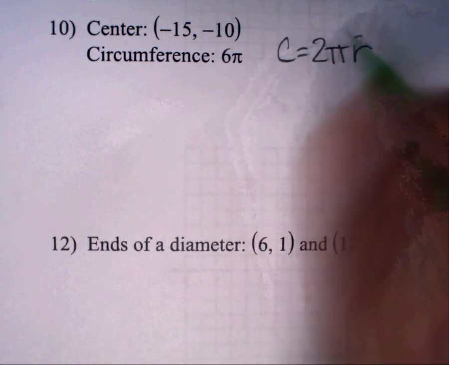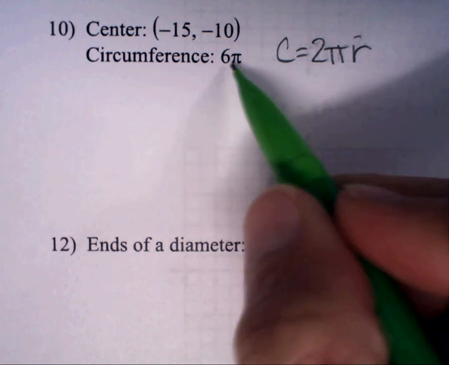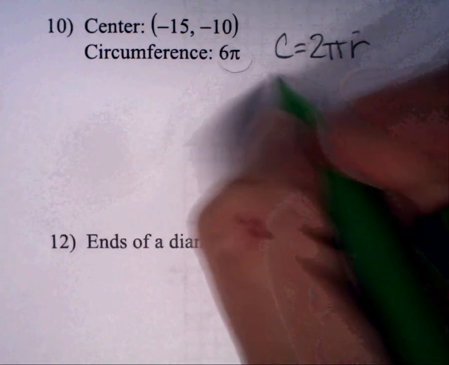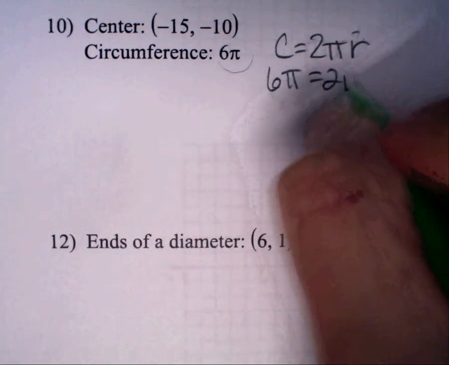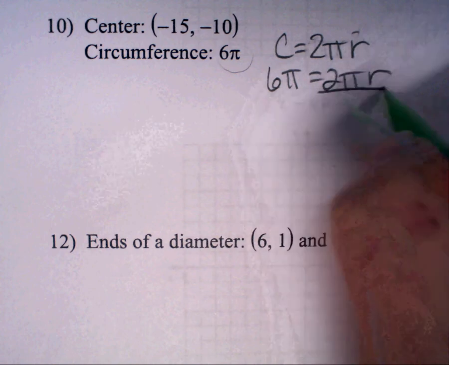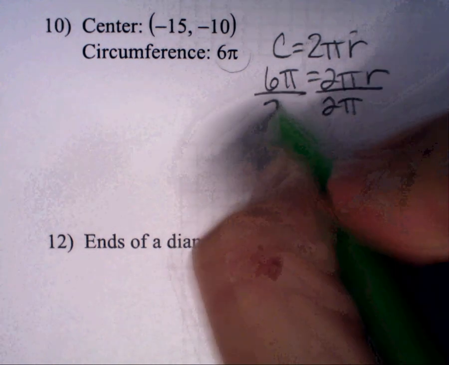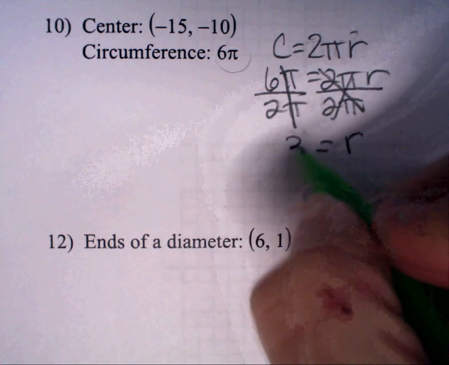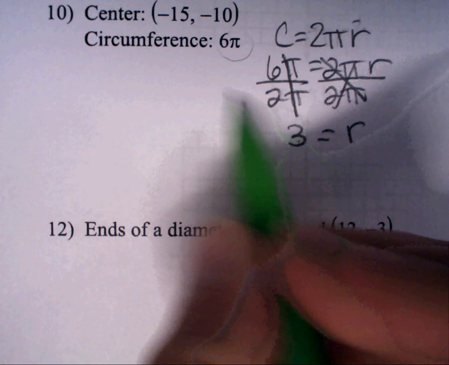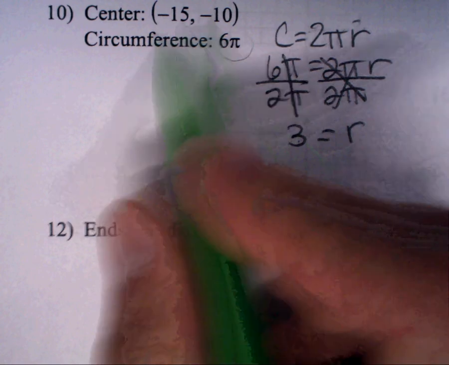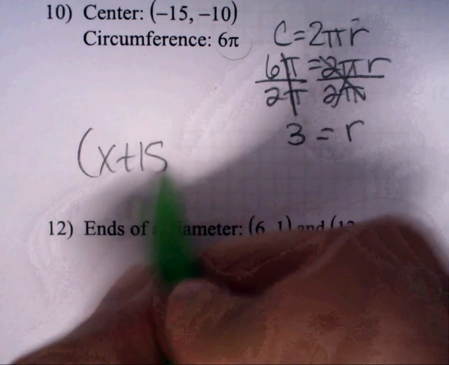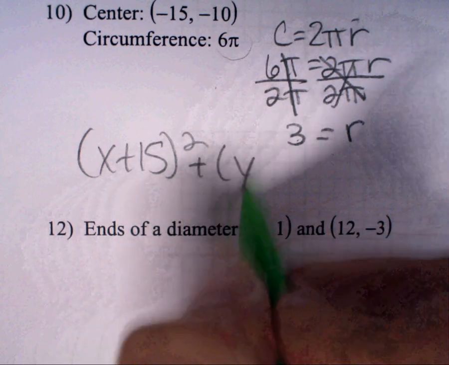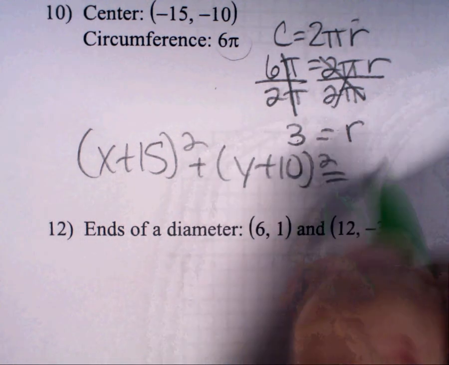So if this is the case, and this is 6 pi equals 2 pi r, so I divide by 2 pi, pi's cancel, r is 3. So if I have my radius and then I have my center, then I have enough information to put this circle together. That's 3 squared.